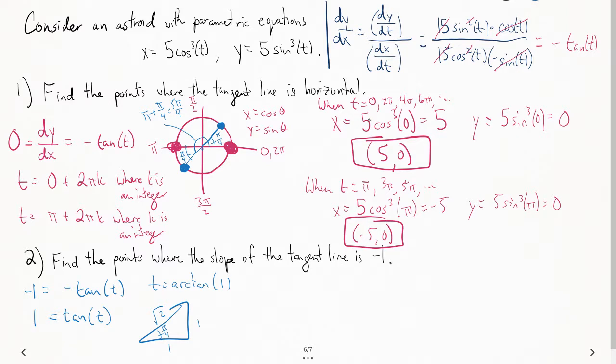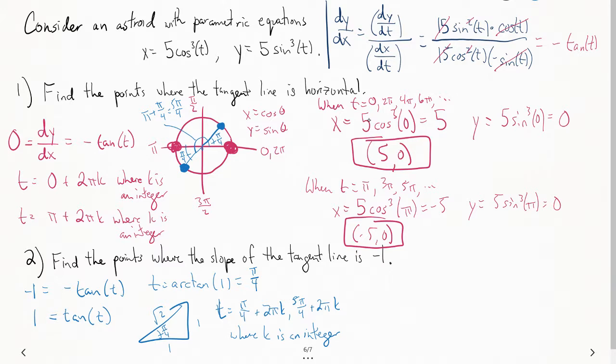So our t values, this would first be pi over 4, but we have t equals pi over 4 plus 2 pi k, or 5 pi over 4 plus 2 pi k, and in both cases k is an integer. Alright, so what does that mean?